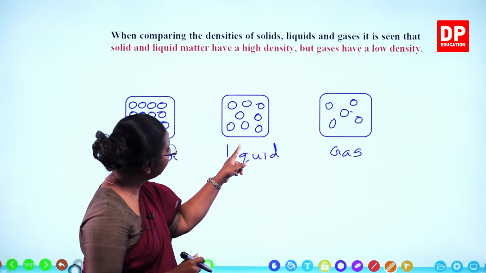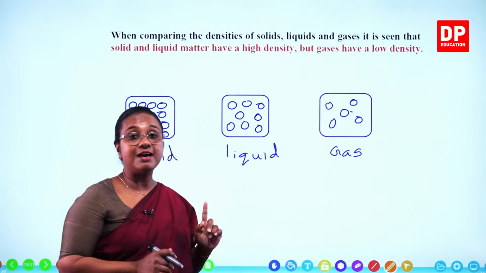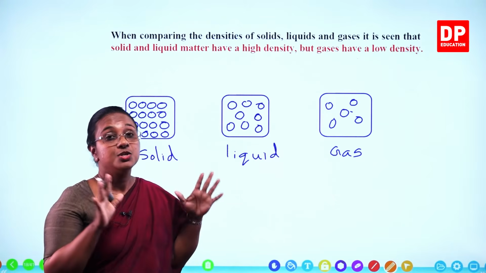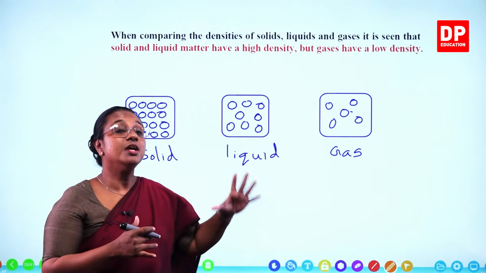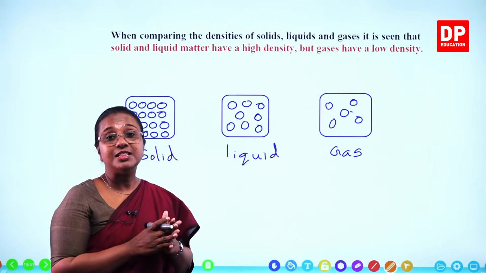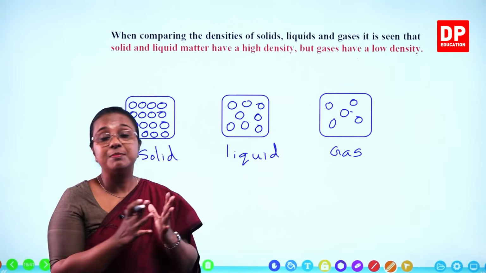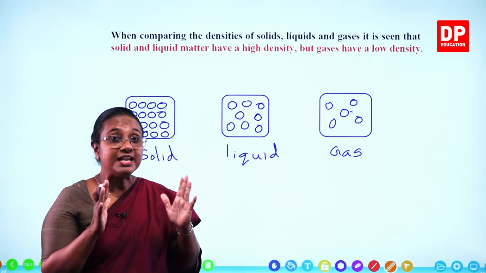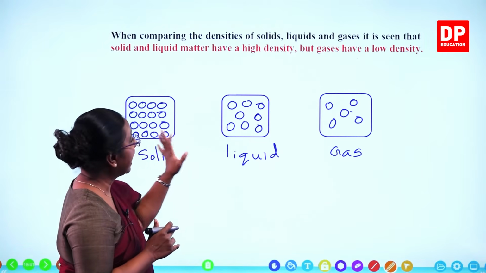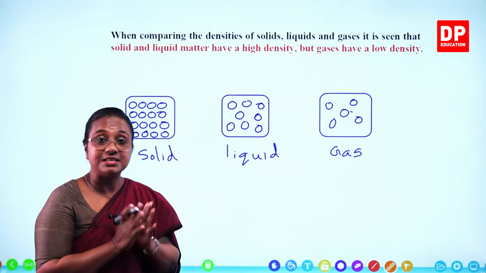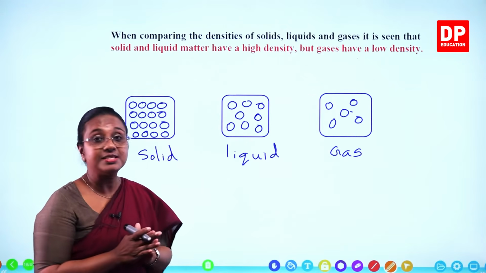At the same time, liquid has fewer particles, and gases have even fewer particles. I explained this with the balloon: weighing a balloon inflated with air, a balloon filled with water, and a balloon filled with the same amount of solid. The difference in mass is caused by this arrangement.